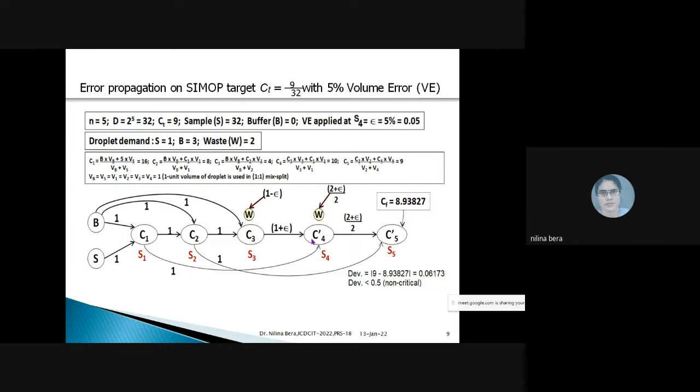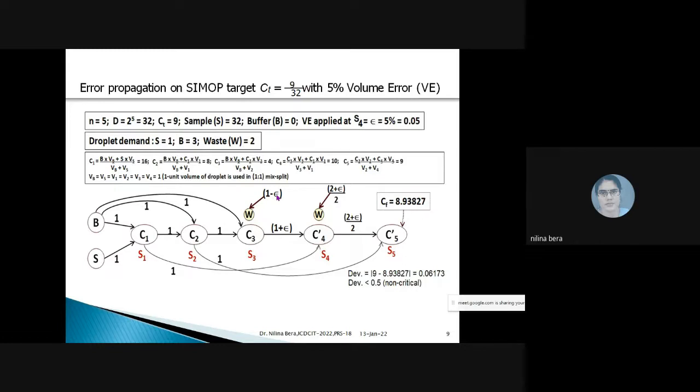When I am splitting a droplet of volume 2x, if the electrode is positively polarized, it may split an additional volume. So some extra volume gets split, and that error is epsilon. So 1 plus epsilon, where epsilon is the error in the volume, which we call the volumetric error. You have to balance it, so if there is 1 plus epsilon, the waste should be 1 minus epsilon. Altogether it becomes the same, 2.